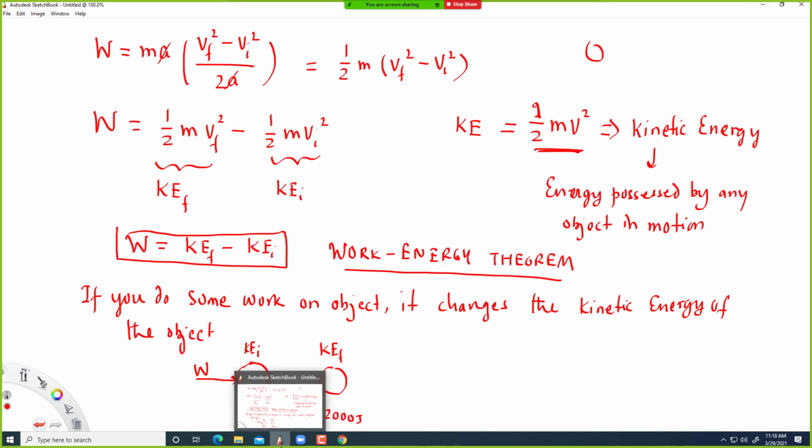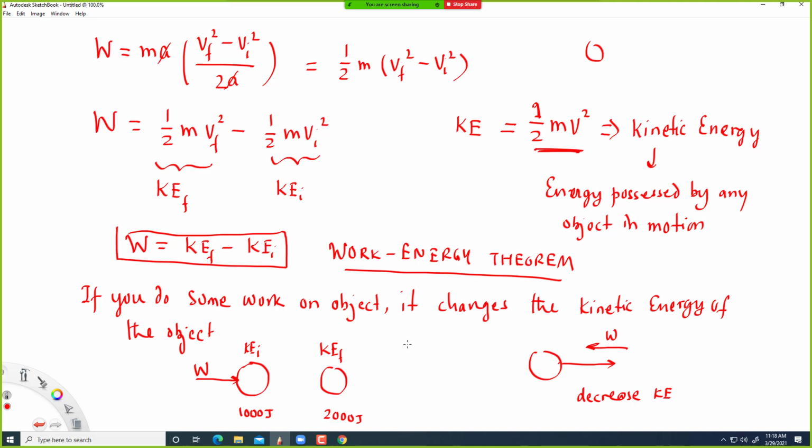It may sometimes increase or sometimes decrease. For example, if the ball is coming in this direction, and you apply the force in this direction, then this will decrease the kinetic energy. If you apply the force in the same direction as the object is moving, then it will increase the kinetic energy. Okay. So that's work energy theorem.